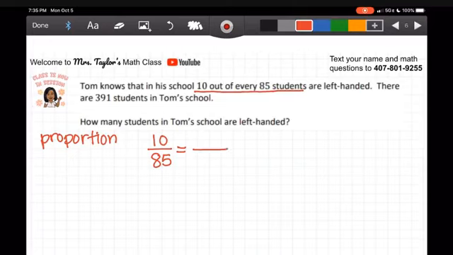So this is like the total number of students. We want to figure out the unknown, how many of them might be left-handed. So we're going to put the total down here, 391. And then to solve a proportion, we have to cross multiply.